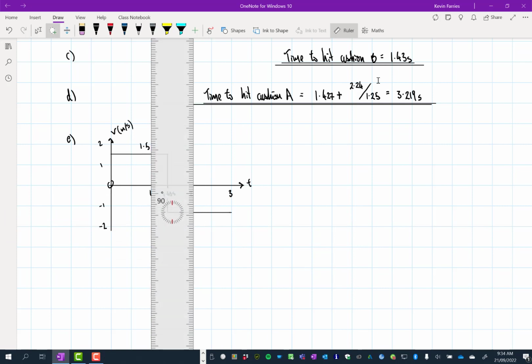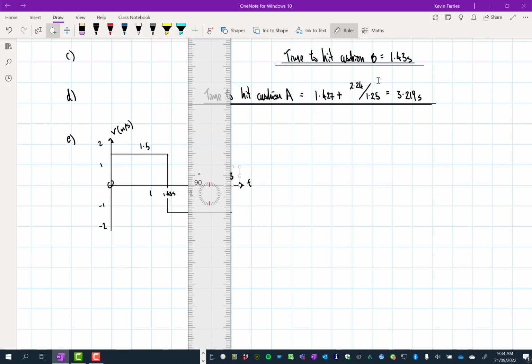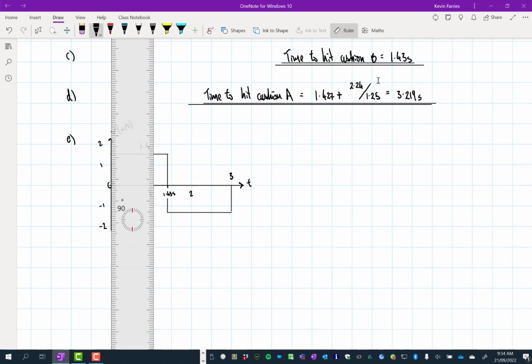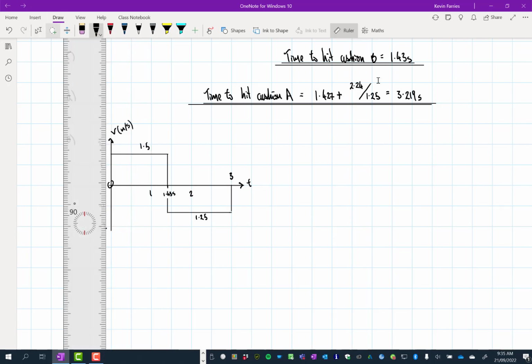Let me just stick that 3 up at the top. Now, that's 1.25. I'm unsure of whether you should put your units on these or not. I don't think it really matters, but you've got your units here, so you don't really need to put them here, but it can get a bit confusing about what's time and what's the velocity.